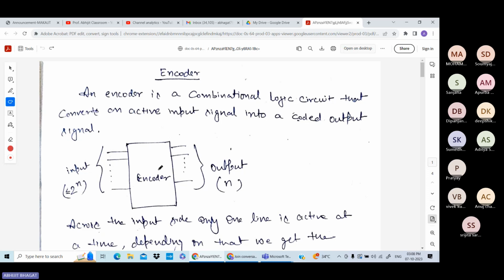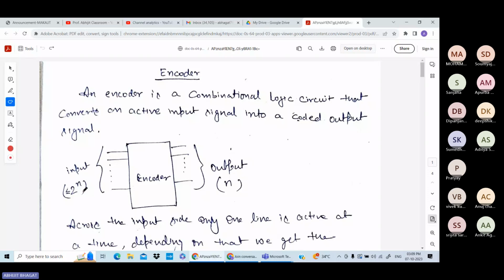Previously, we discussed the decoder topic in classes. So decoder is just opposite to the encoder. Here the number of outputs is n, and the number of inputs is either less than 2 to the power n or maximum equal to 2 to the power n.